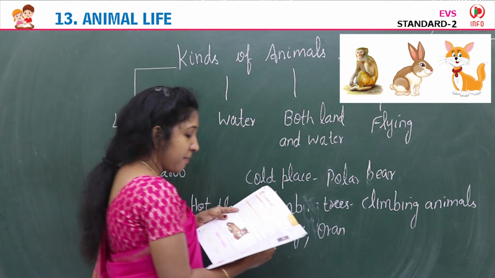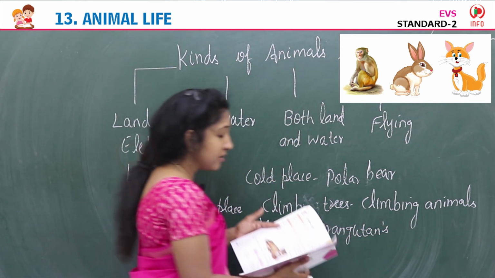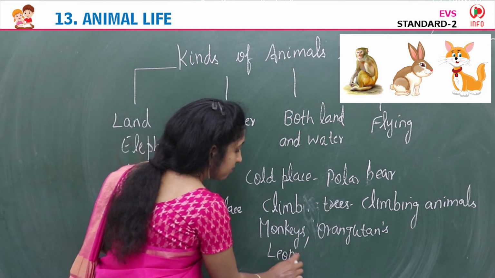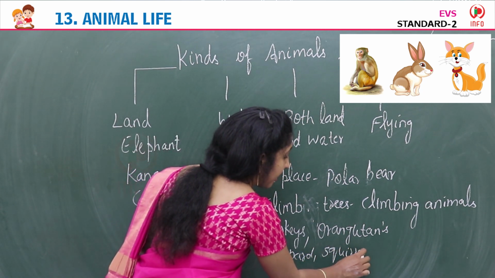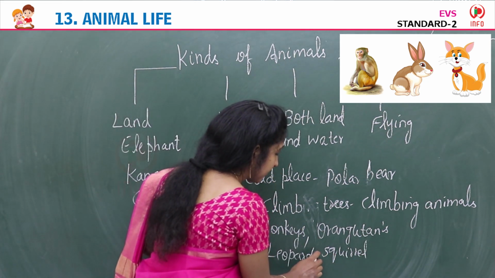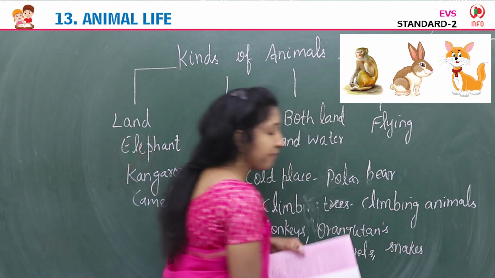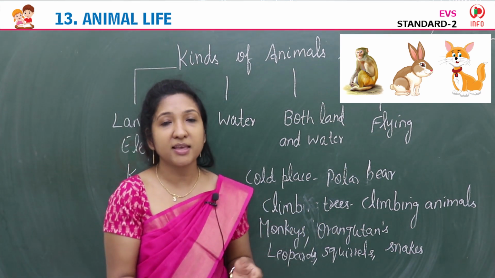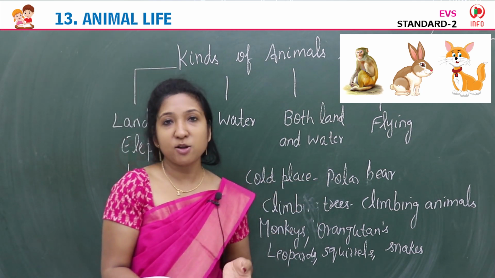It's a kind of monkey with long red hair. Orangutans we say. Then squirrels, leopard. Squirrel is spelled S-Q-U-I-R-R-E-L. Then snakes. Then domestic cats, climbing frogs, lizards. These are the animals that climb trees and they are called climbing animals.